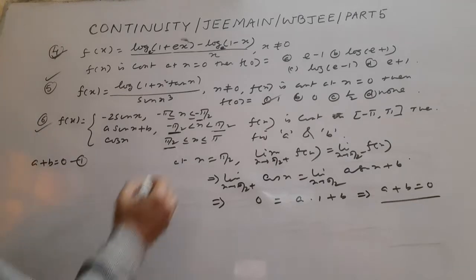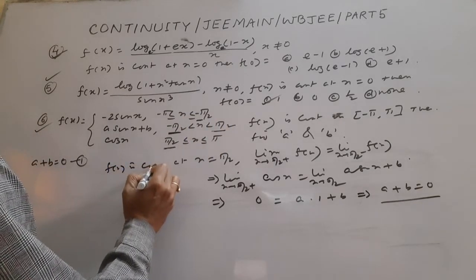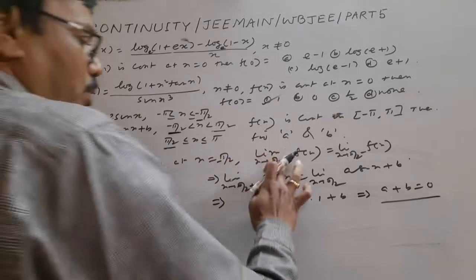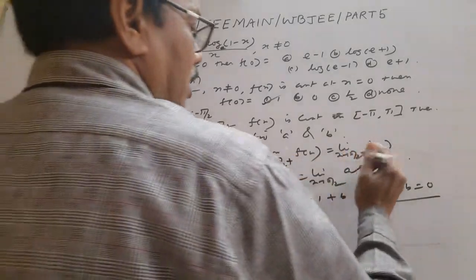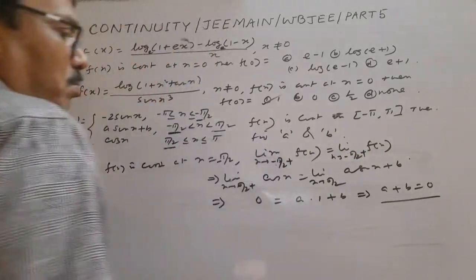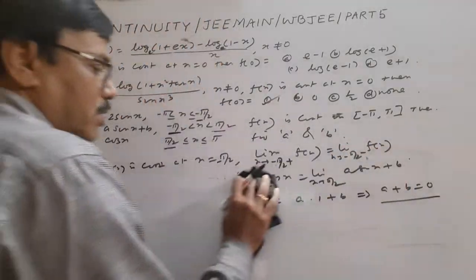Now similarly, since f(x) is continuous at x equals minus pi by 2, limit x tends to minus pi by 2 plus f(x) equals limit x tends to minus pi by 2 minus f(x).